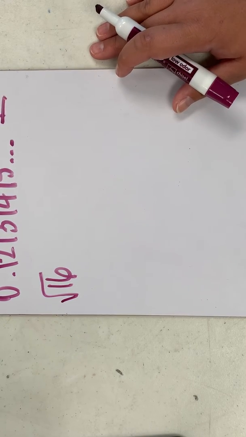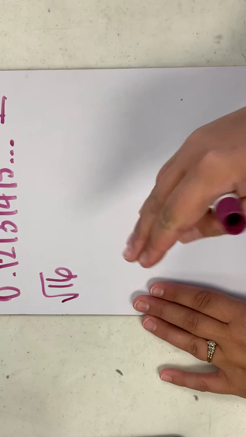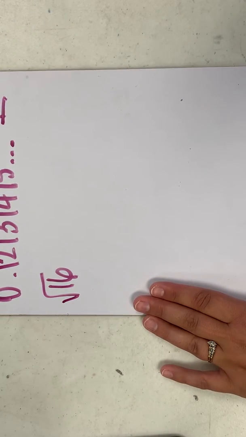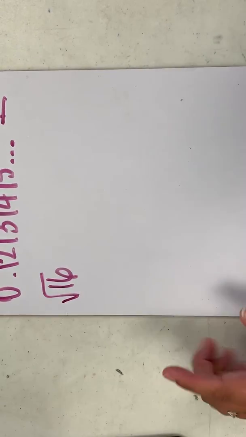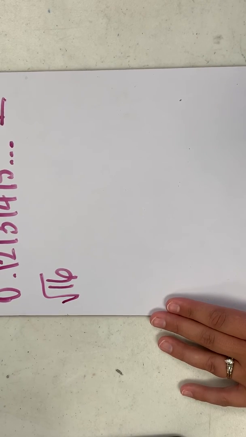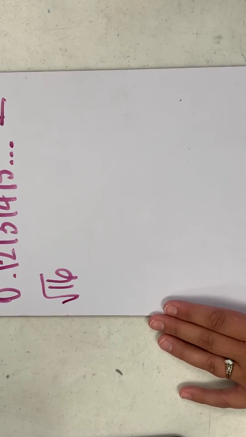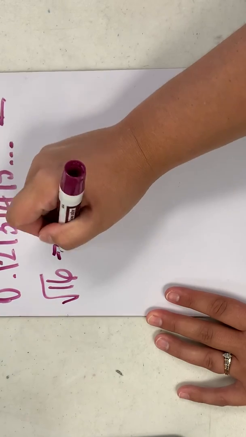Okay, so what is the question I'm asking myself? Is it perfect? If I see a radical, I want to know, is it perfect? So is this one perfect, Zara? What times what gives you 16? 4 by 4 gives you 16. So let's ask that again. Is it perfect? Yes. So this is really 4.